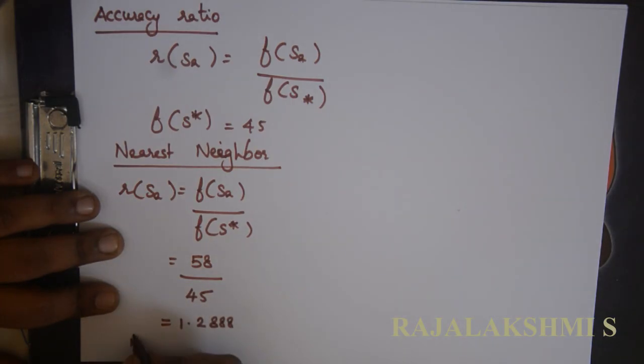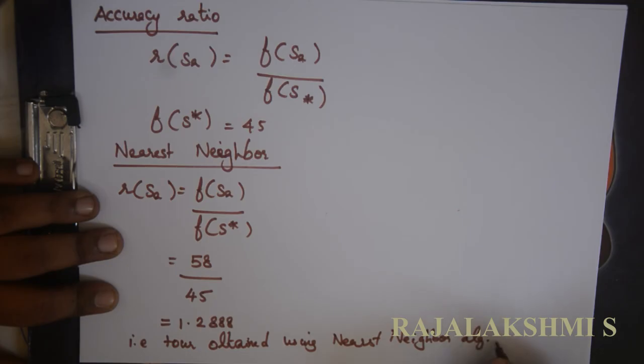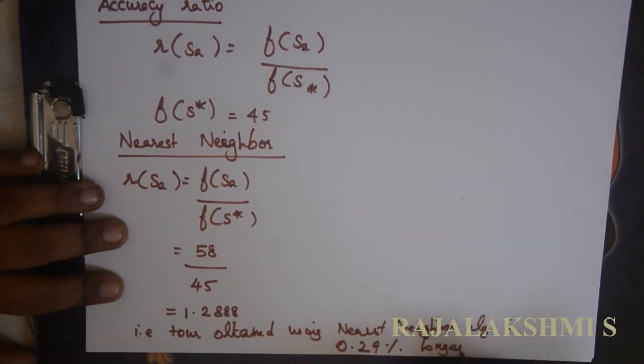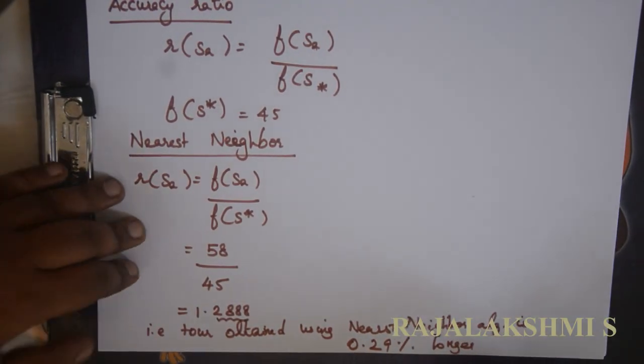So that is the tour obtained using the nearest neighbor algorithm is 0.29% longer than exhaustive search. We should consider this part, 0.29% longer.